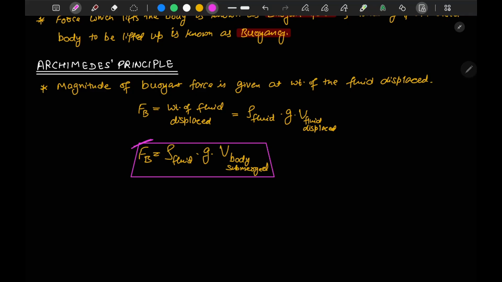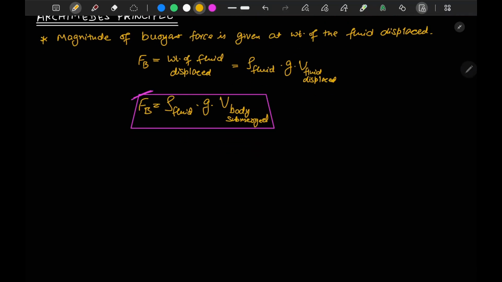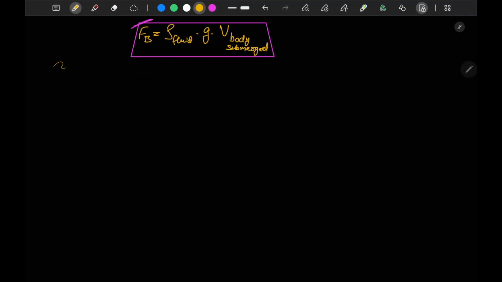And if we talk about the direction of buoyant force, the next point in Archimedes principle is the point of application or direction. This buoyant force always acts in vertically upward direction.